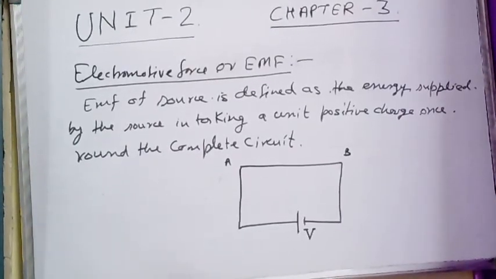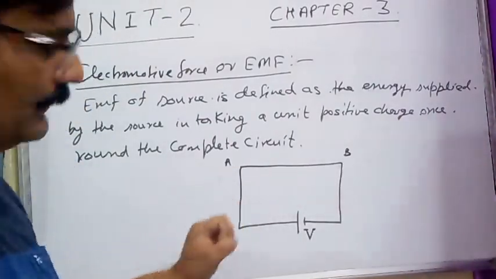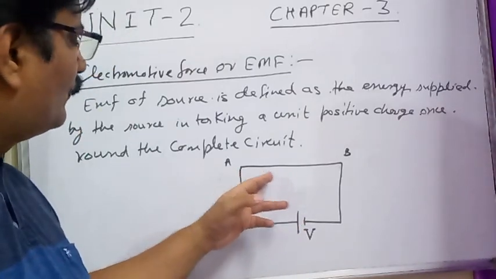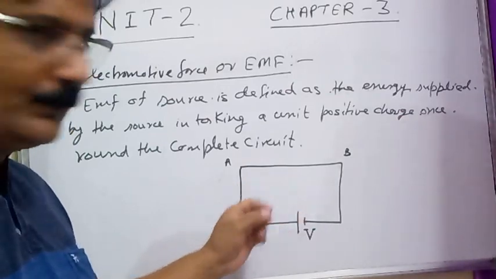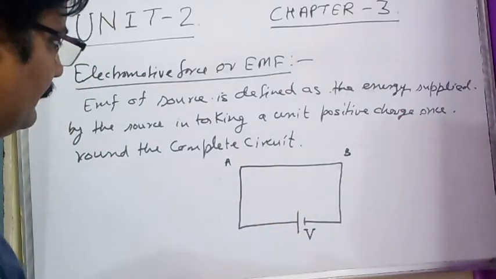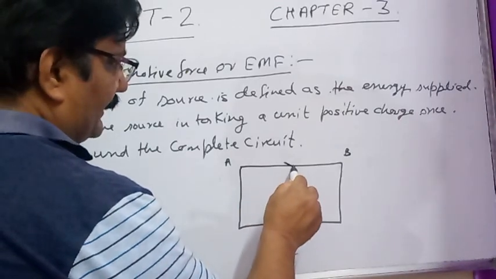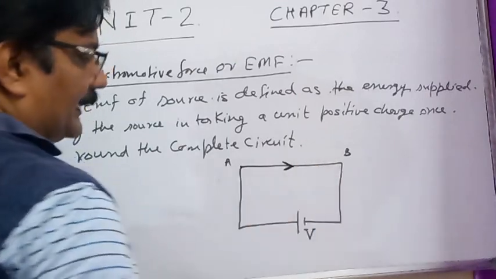Let's see how the flow of electric charge is established in a circuit. So first of all, see what a circuit is. A circuit is a closed path through which electric charges can flow. So how is this flow of charge established from point A to point B, or how can electric charges flow between 2 points of the electric field?